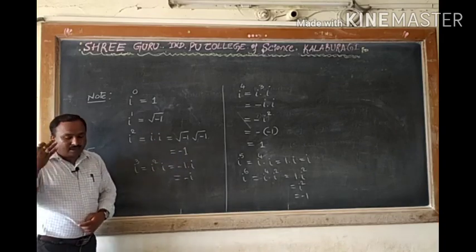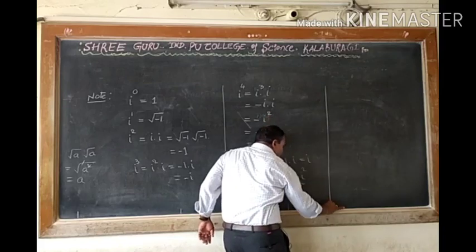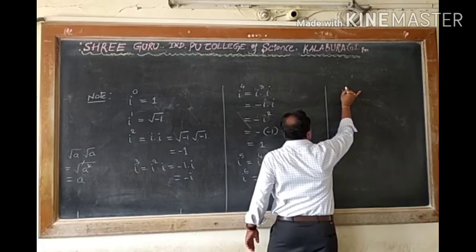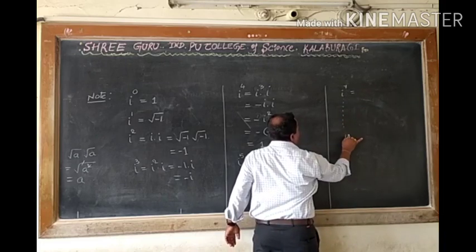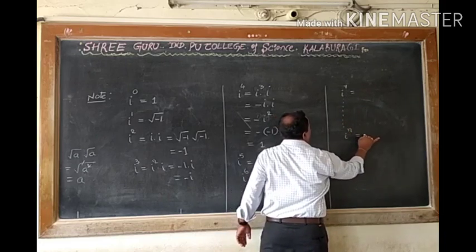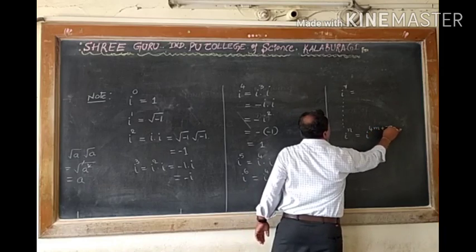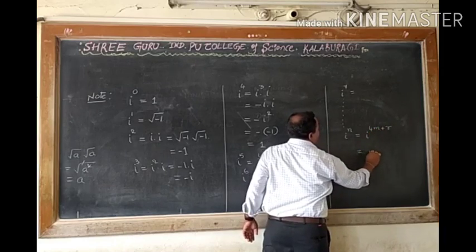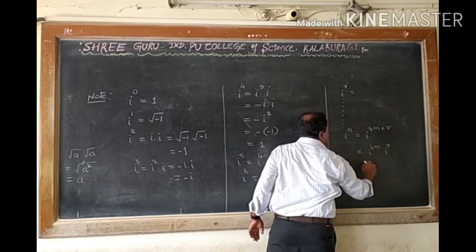Similarly i to the power 7, i to the power 8, and so on. Take 4 as the base. i to the power n can be written as i to the power 4m plus r. This can be written as i to the power 4m into i to the power r.